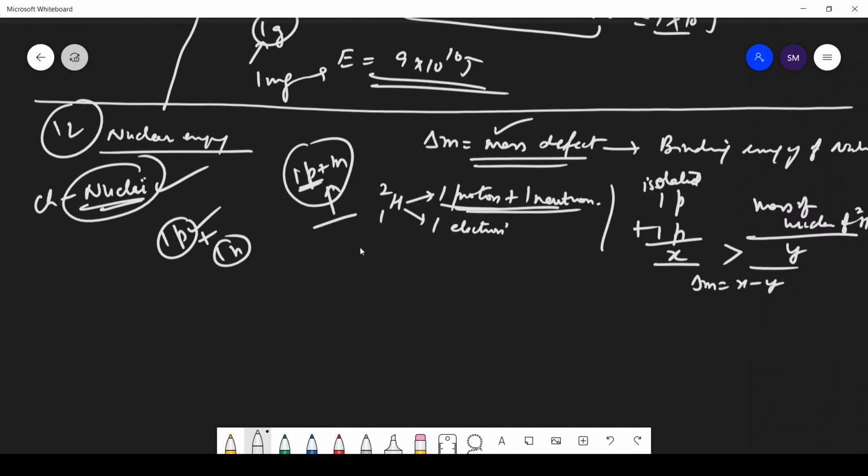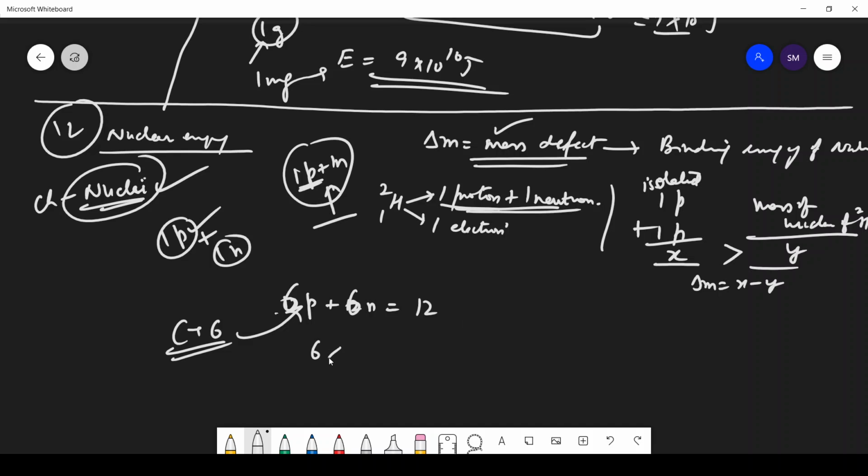We understand it better when we do it for the carbon atom. Take the mass of the 6 protons and 6 neutrons of carbon-12, total 12 nucleons. The atomic number of carbon is 6, so it has 6 protons.